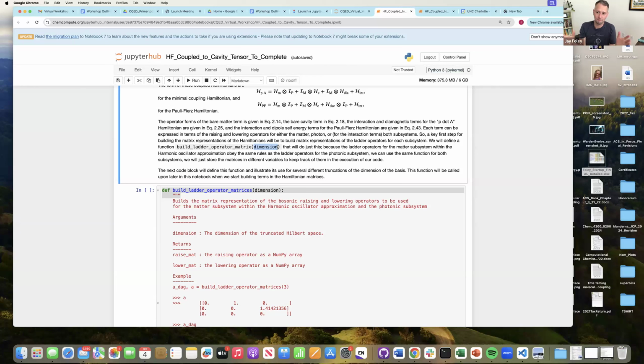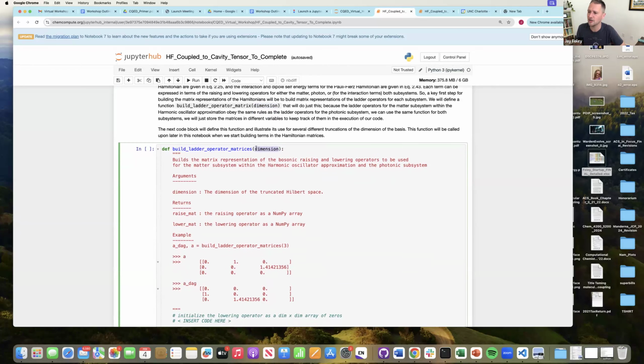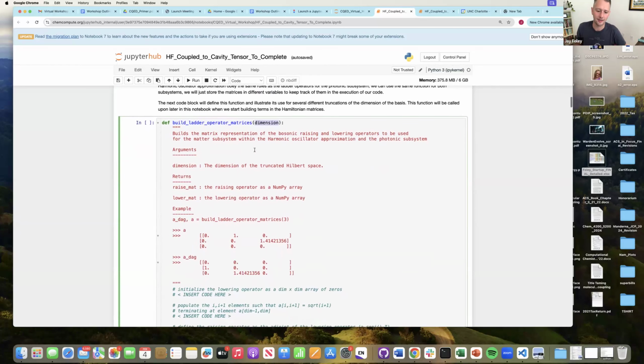If you've done, for example, an active space configuration interaction calculation, you picked an active space, which is choosing the size of your many electron basis to some extent. If you've ever built and diagonalized a matrix for a simple model problem, you've probably picked a basis and stuff like that. So this is an important numerical consideration. Essentially, the more basis states we can include, the better chance we have at getting accurate energies at the end of the day. So this dimension will help us grow the size of our basis.